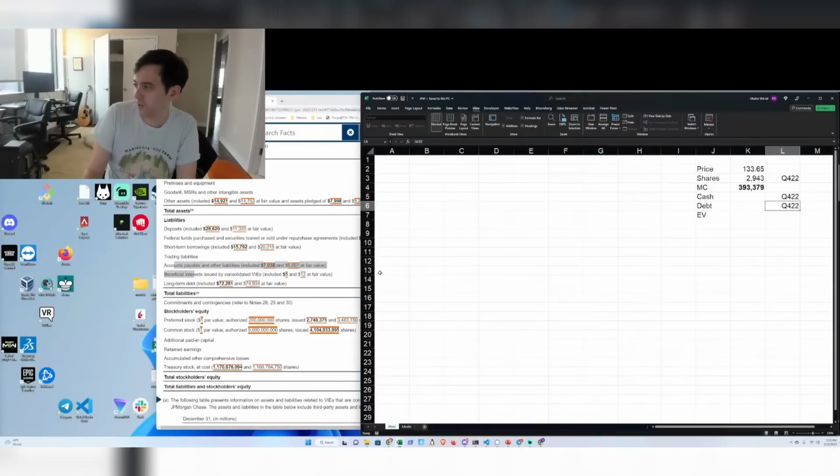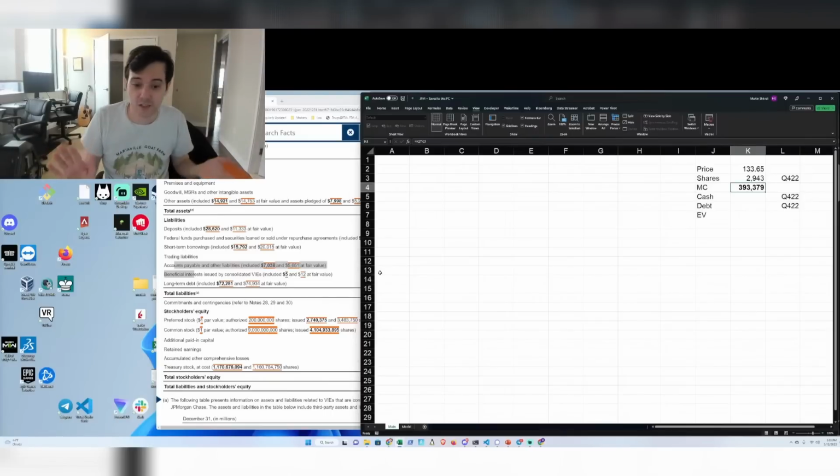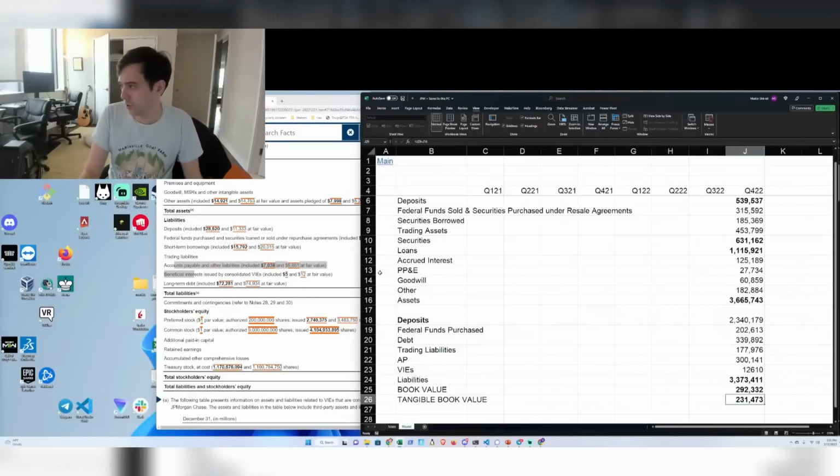But the market value of JP Morgan is 393 billion. So it makes you wonder why JP Morgan's trading at 2 times book value. Most people say that banks should trade at 1 times book value, or a slight premium to that, but not more. So JP Morgan looks pretty overvalued just based on that alone.